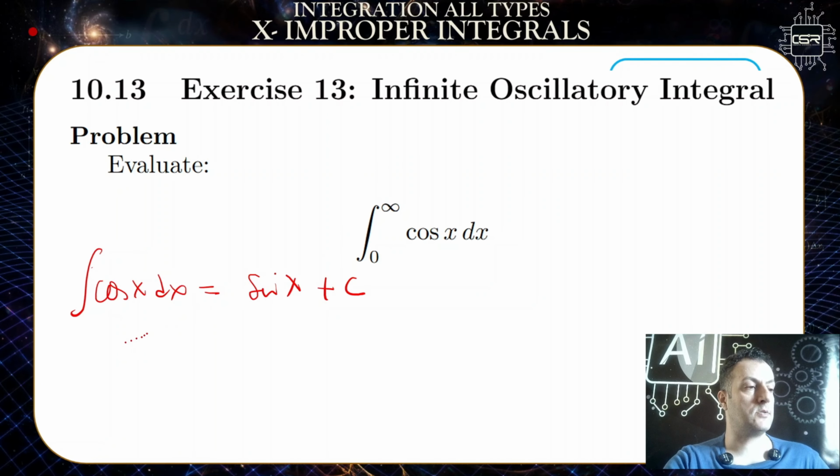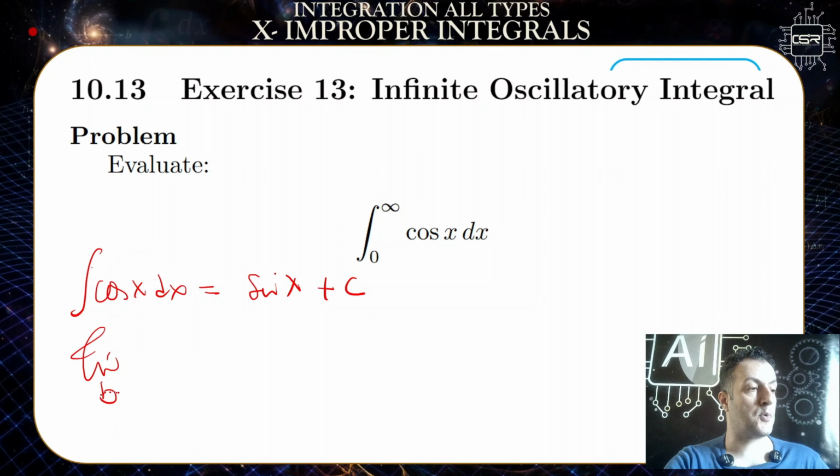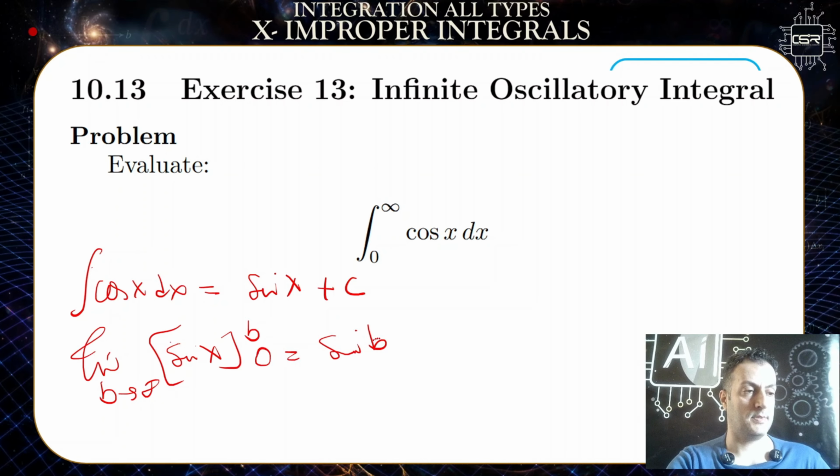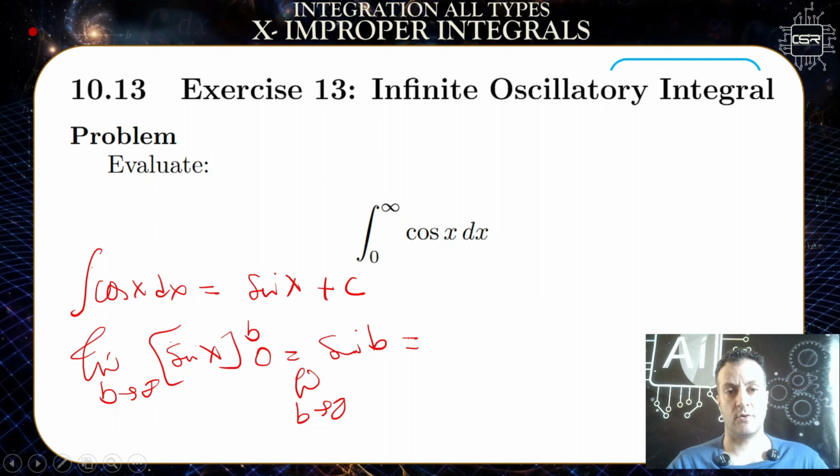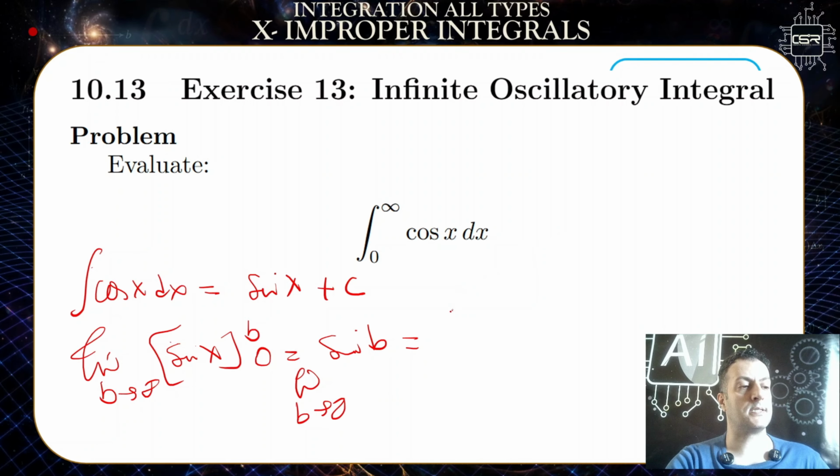Given we have these bounds, it is the limit as b approaches infinity of sine x between b and 0, which equals sine b, because sine 0 is 0, and this is the limit of sine b as b approaches infinity, which is divergent. Okay, there's no limit, so it blows up. It keeps oscillating between minus 1 and 1, so there's no limit.